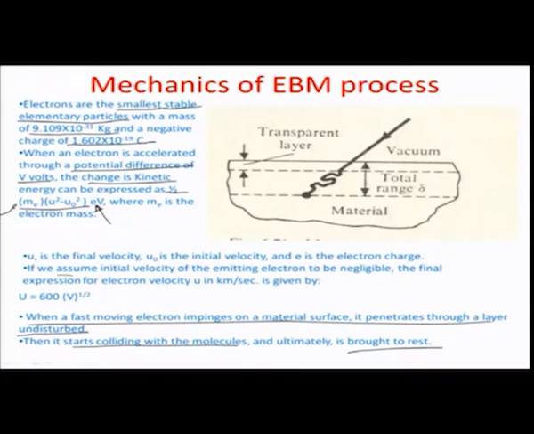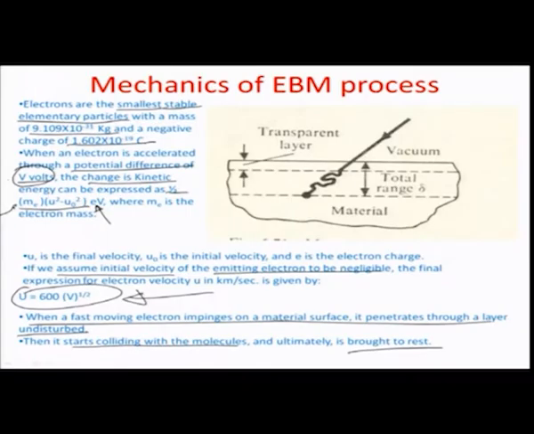So, if we assume the initial velocity of the emitting electron to be negligible, the final expression of the electron velocity in kilometers per second can be expressed as 600 times V to the power of half, where V is the potential difference across which the electron is being moved, and this is really a beam parameter.